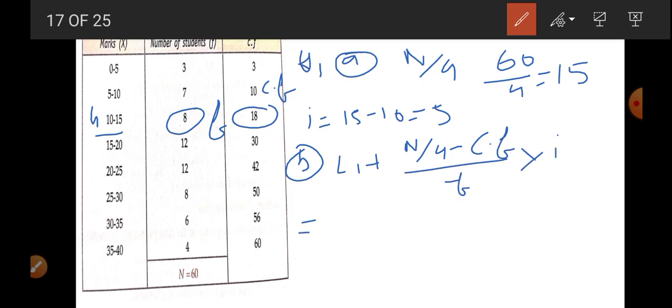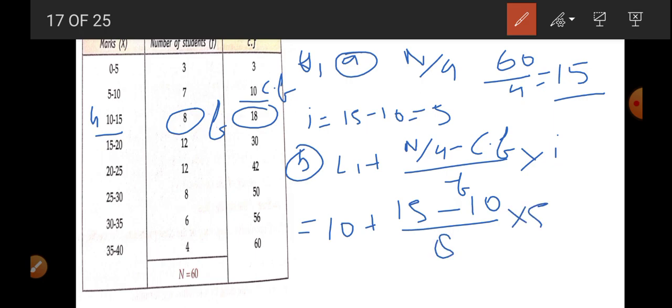So L1 is 10 plus n upon 4 is 15. CF is 10 and F is 8 and I is 5. Now when we do the calculation, it is 10 plus 5 multiplied by 5, that is 25 upon 8.